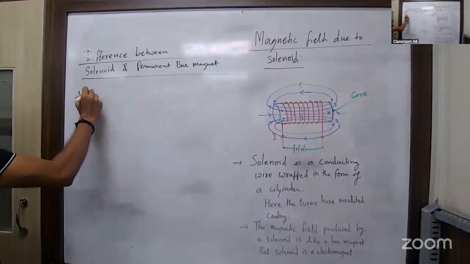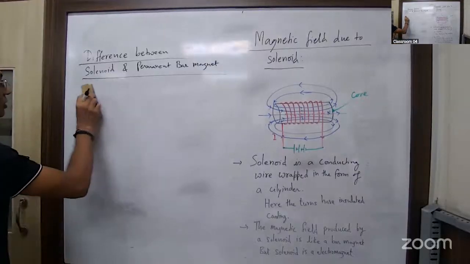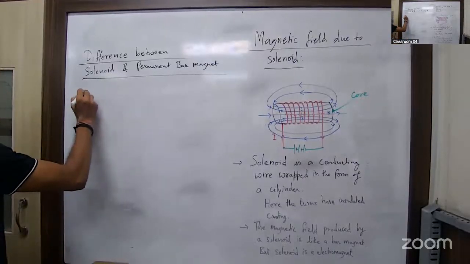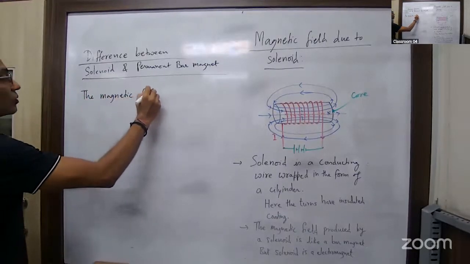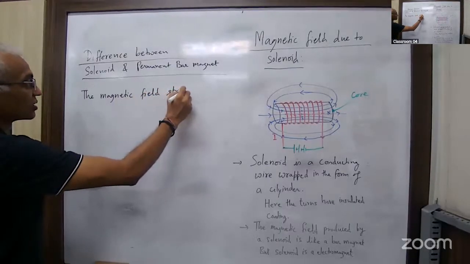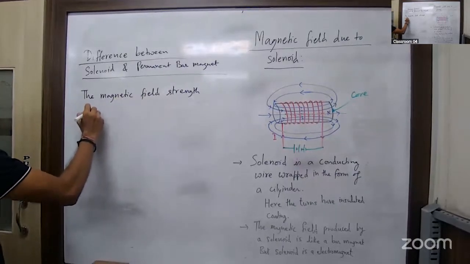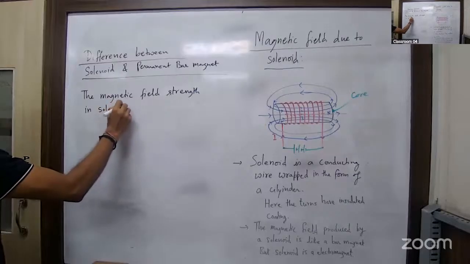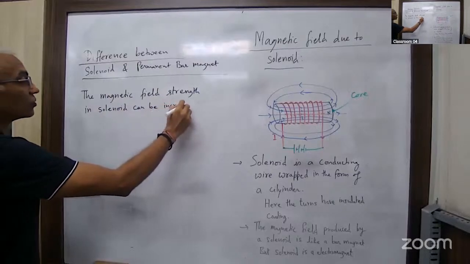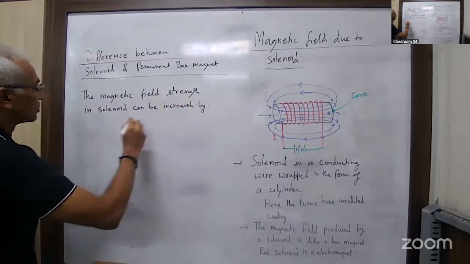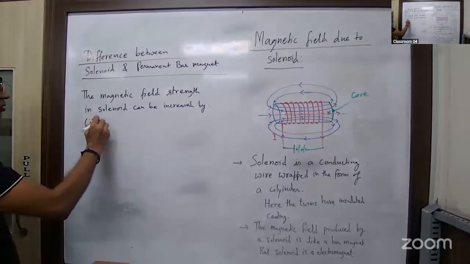The magnetic field strength can be increased by increasing the magnitude of current.